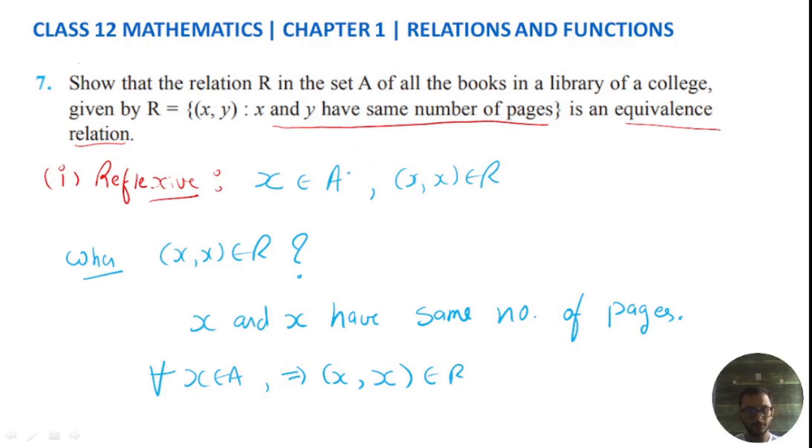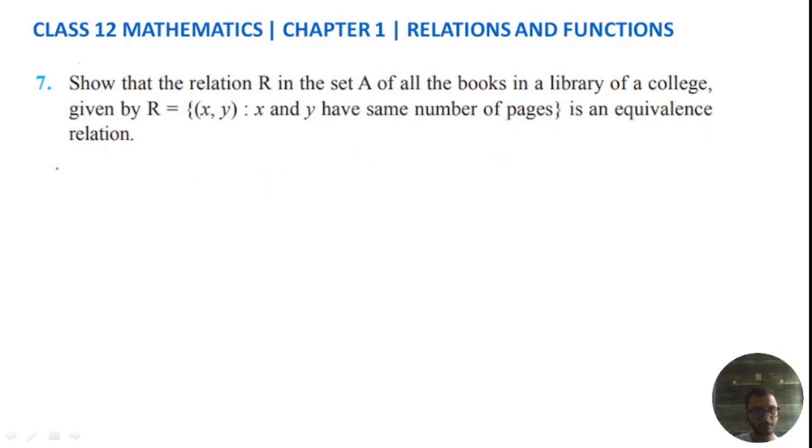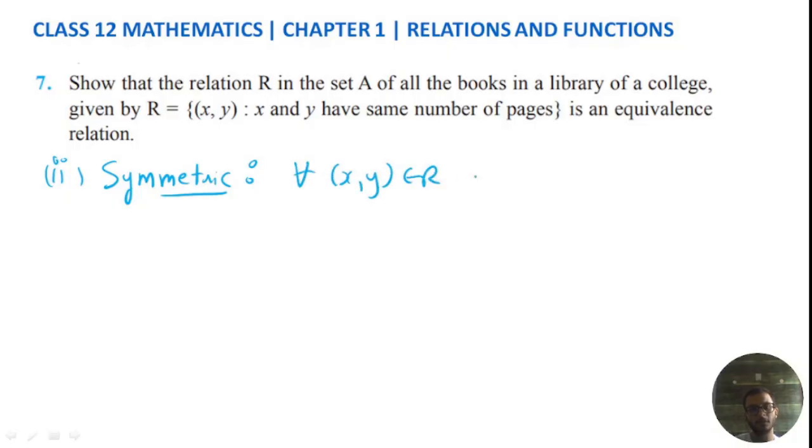Okay, so next is symmetric. For symmetric, what will we have to show? That for every x, y belonging to R, y, x should also belong to R. So for every x, y belongs to R, what does this mean?